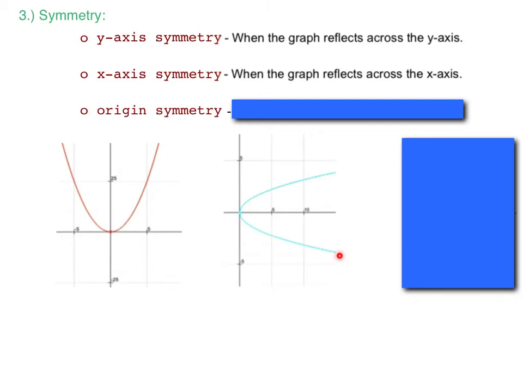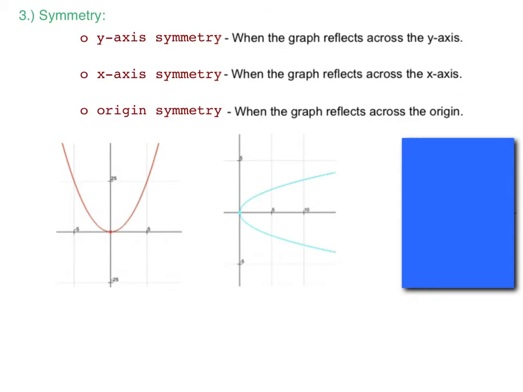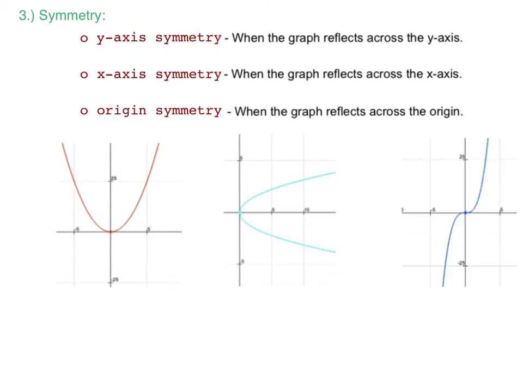And then, of course, we have origin symmetry. Now, origin symmetry is when the graph reflects across the origin. Okay, so an example of that would be this function. It's a cubic function with the center of the graph, if I could call it that, being right there at the origin. So what we're seeing here is I have a function that goes up like this, and then it goes through the origin right there, and then it goes on up through.